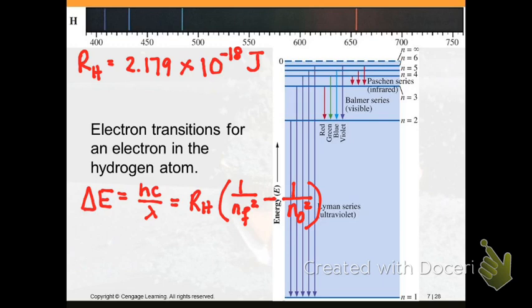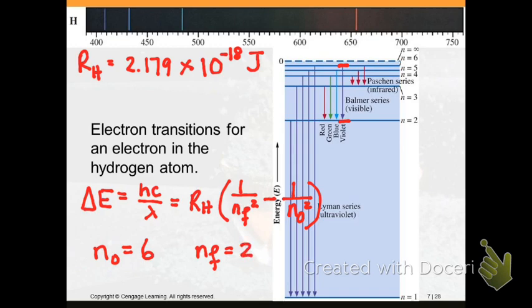So in class, we looked at a transition from n equals 6 to n equals 2. So my original n is 6 and my final n is 2.